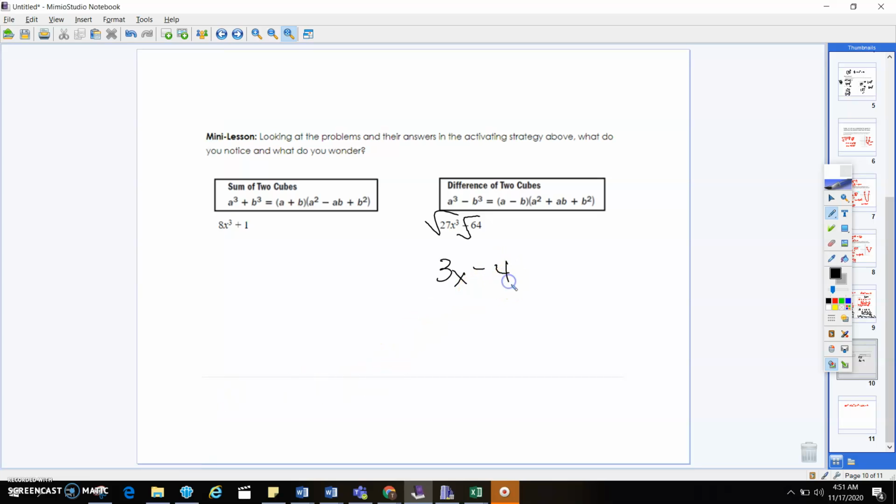And that's going to be 4. Okay? So we could write this out like this. Again, this is in factored form. So this is going to be 3x minus 4 times a squared, which is going to be 9x squared, plus ab, which is going to be 12x, plus b squared, which is going to be 16.